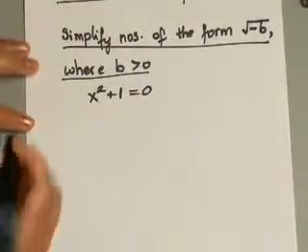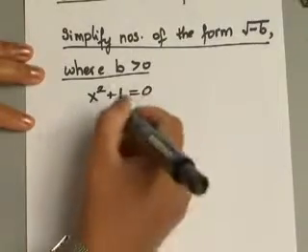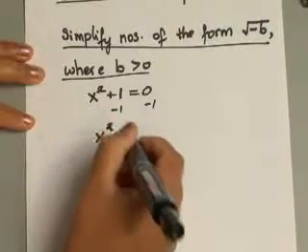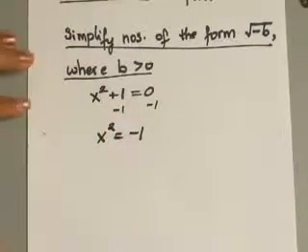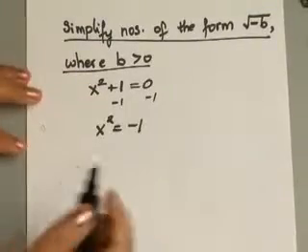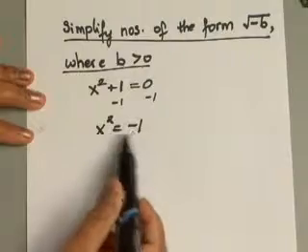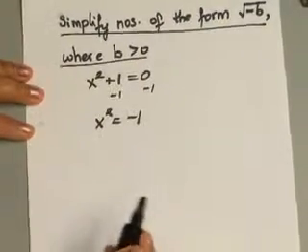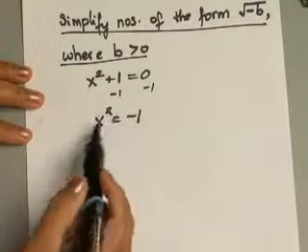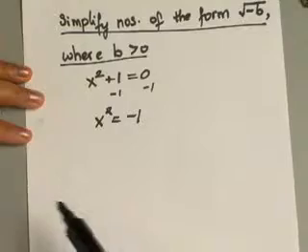Now if I try to solve this equation, I'll go ahead and move my 1 over to the other side, and you end up with x squared equals negative 1. Now, about here, go ahead and take the square root on both sides. I will end up with the square root of negative 1. And of course, in real numbers, you cannot solve square roots of negative 1.